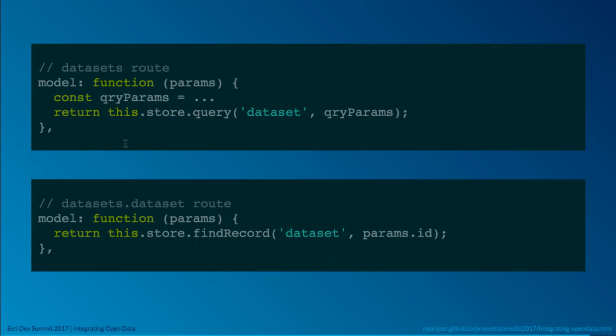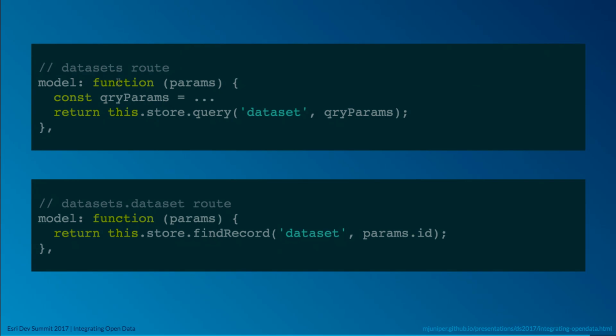So if you want to search the Open Data API, you would just say this.store.query datasets, tell it you want to search for datasets, and then give it search parameters. And similarly, to get one dataset record, you just do this.store.findRecord of type dataset and give it an ID.